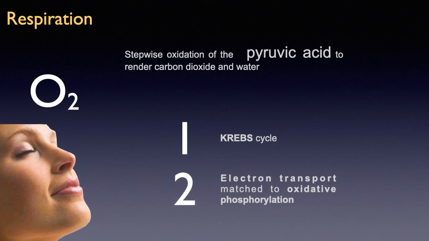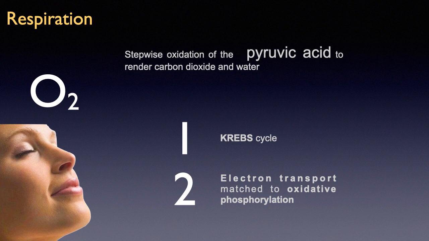Okay, let's state first that you'll see pyruvate or pyruvic acid. These are exactly the same thing, so you don't get confused. So why do we breathe then? Well, respiration allows the total degradation of pyruvate to render carbon dioxide and water.